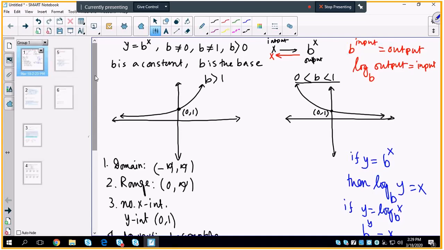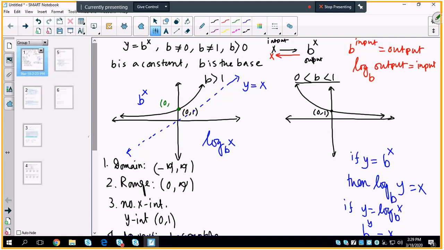So let's try to understand, if this is the graph of b to the power x, what will be the graph of the inverse function log x to the base b? Well, think about the line y equal to x, because I'm going to reflect the function. So this is y equal to x. Remember the point of y-intercept.